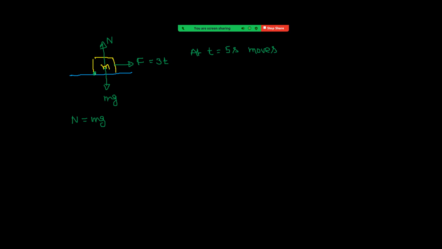Because of the contact, there must be some other force, because that is the only possibility, right? Normal reaction upwards, mg downwards. So only because of the contact, there must be some other force balancing this force. And that force we are calling friction.